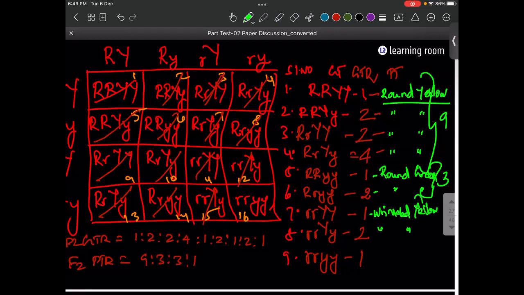How many wrinkled yellow? Again 3. And the last one is wrinkled and green, which is only 1. So 9:3:3:1. Correct? You have written it here, the phenotypic ratio. Yes, sir. Right? Okay. Wonderful.